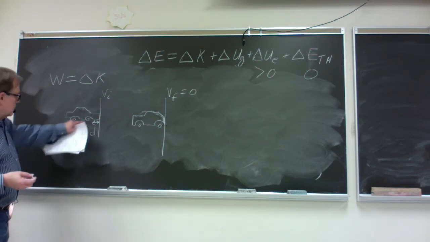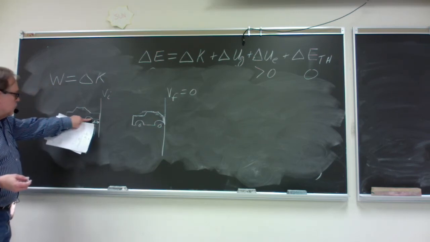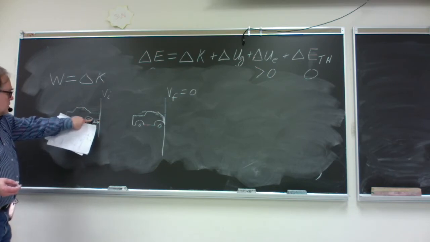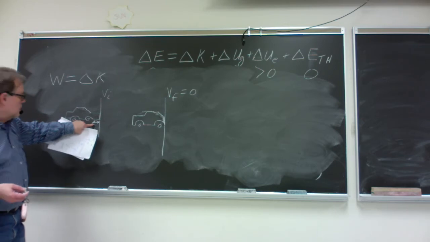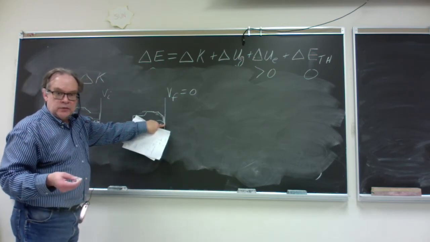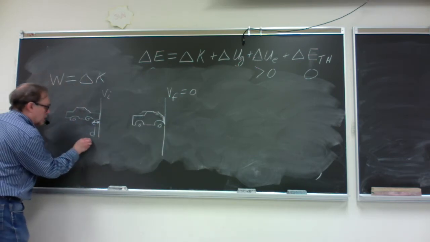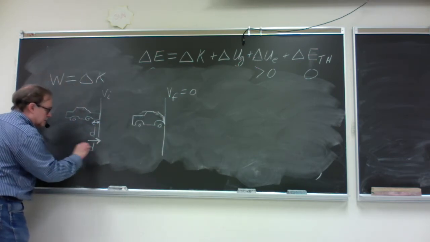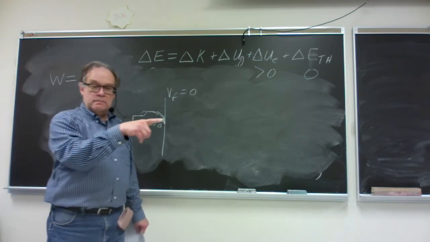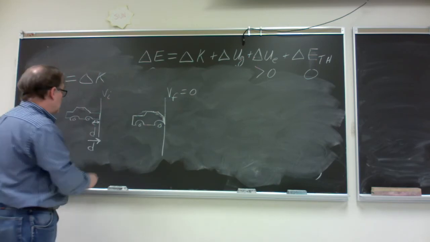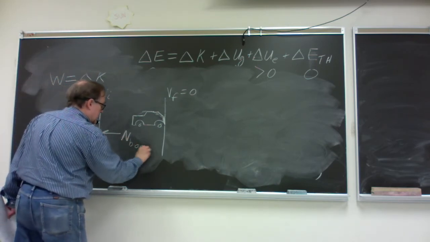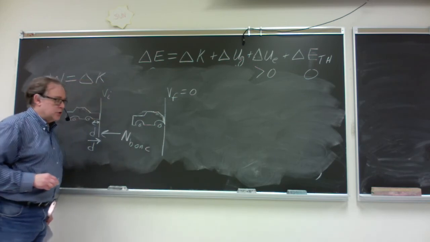Or you could say this part of the car, which moved from here to here, right? This part of the car is right here at the initial moment, and then that same part of the car is right here, right up against the barrier in the final state. That part of the car had a displacement like that, a displacement this way, while it was feeling a force, normal force from the barrier on the car, pointing in the opposite direction.